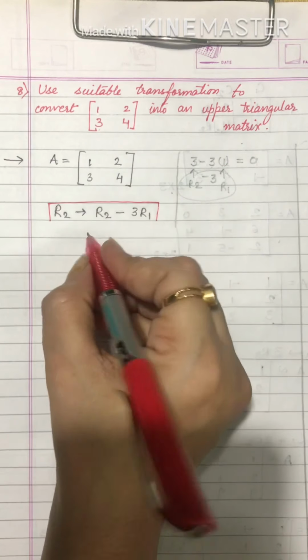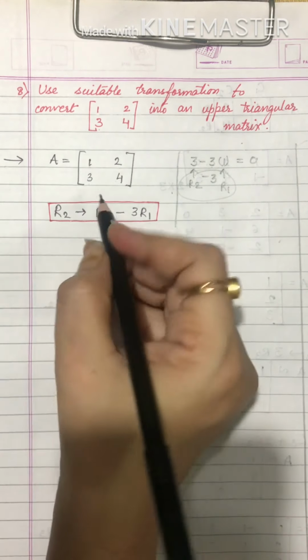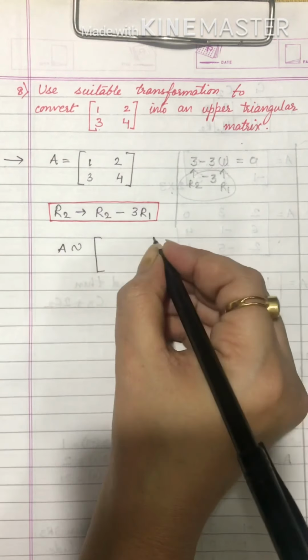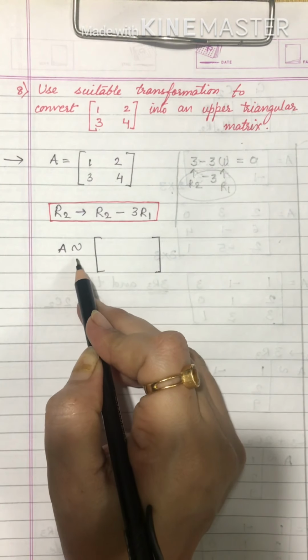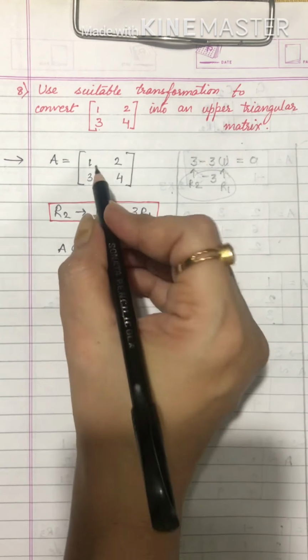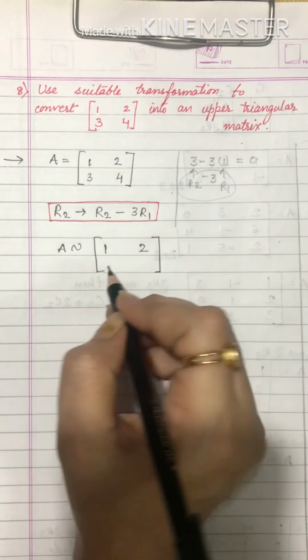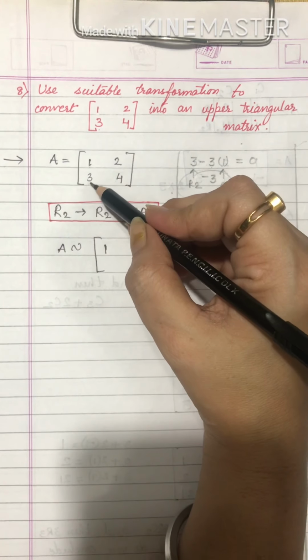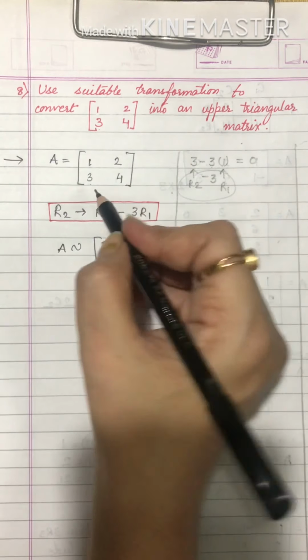You just need a little bit of practice and then you will be perfect at it. So let's make the transformation. After applying the transformation, I'm using this symbol, which is read as equivalent to. We are transforming in row 2, so I write the row 1 elements as they are. Just remember the transformation has to be done with each element of that particular row or column.